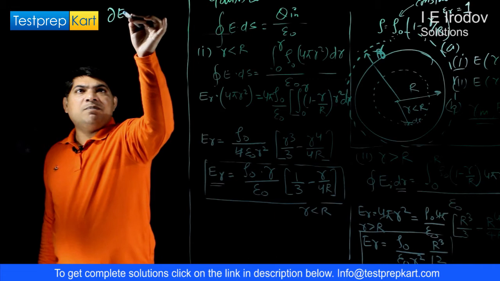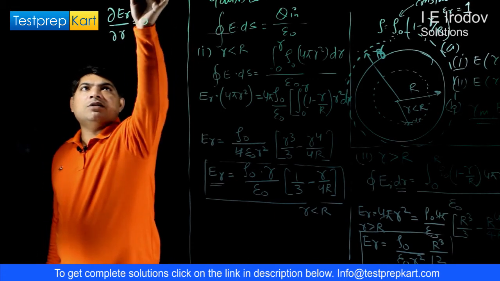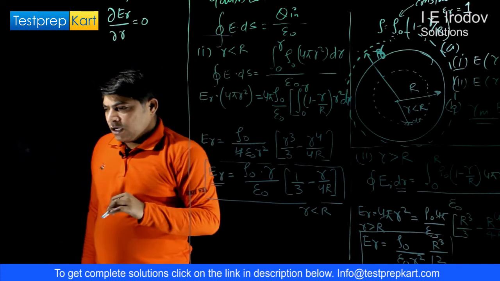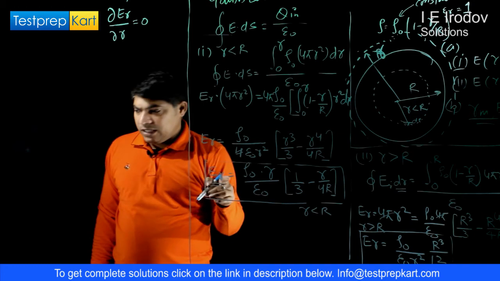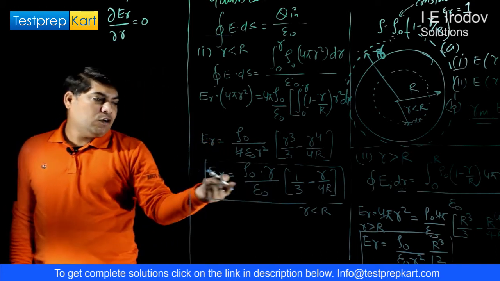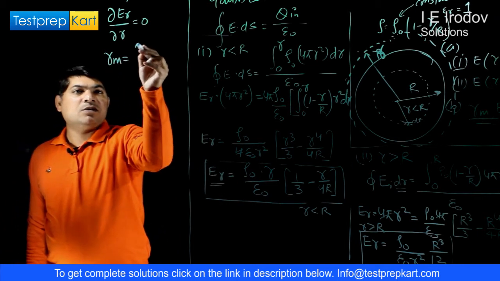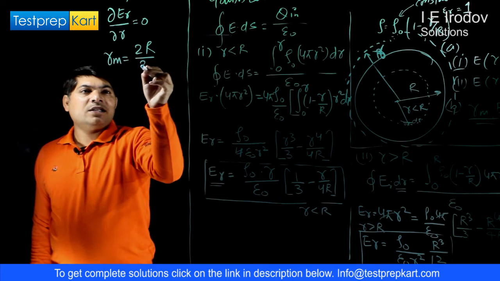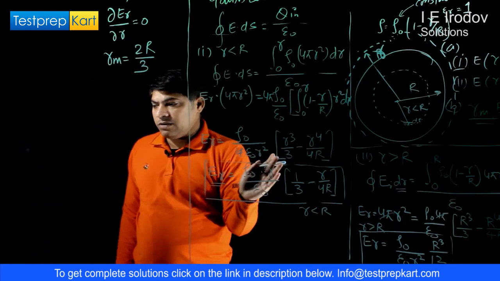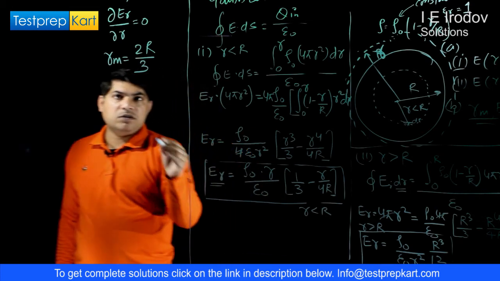So we put dE over dr equals 0 for E max. We just need to differentiate this equation. When we differentiate it, we get Rm equal to 2R by 3, by just differentiating this equation and setting it equal to 0.